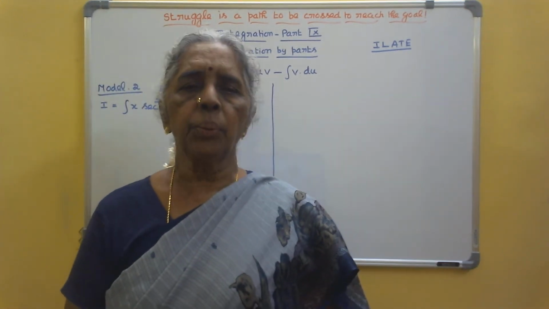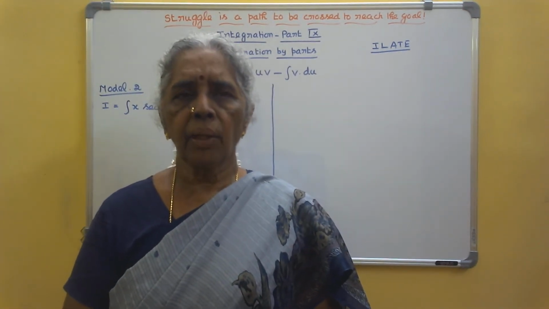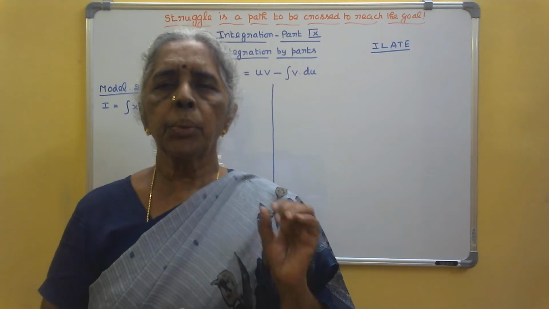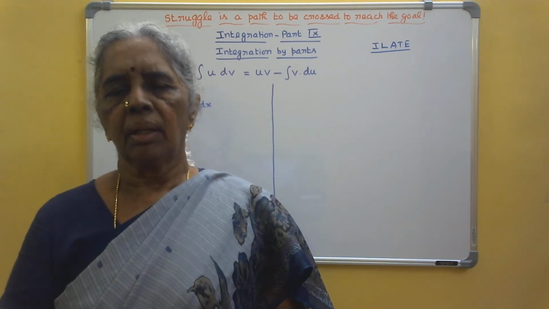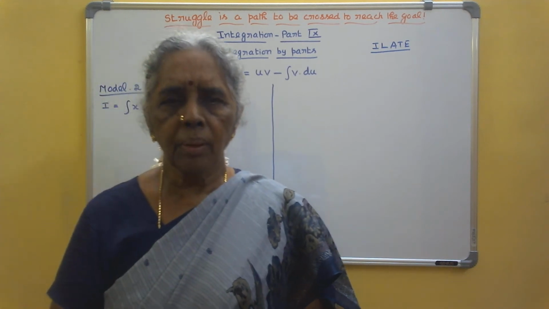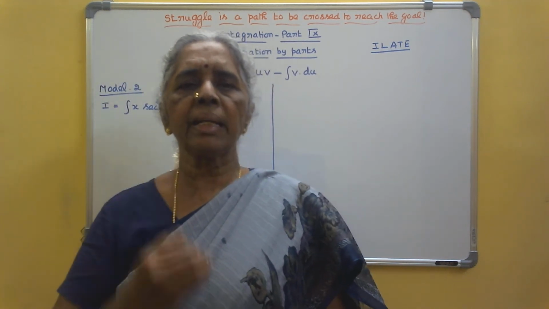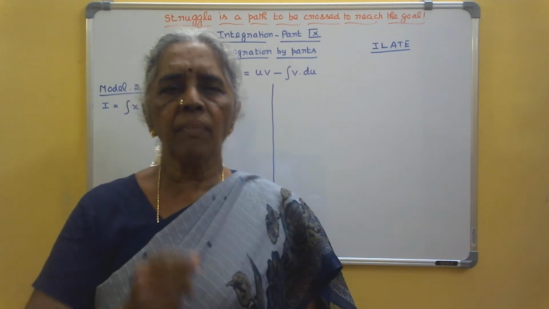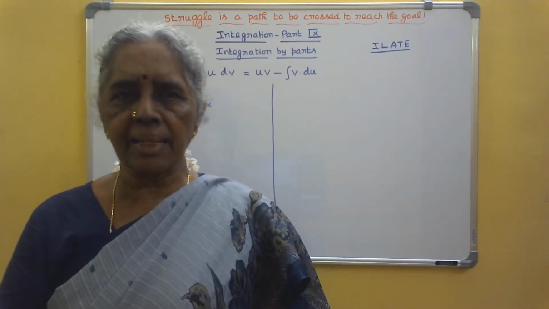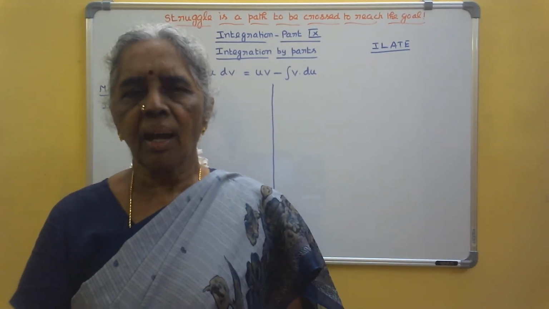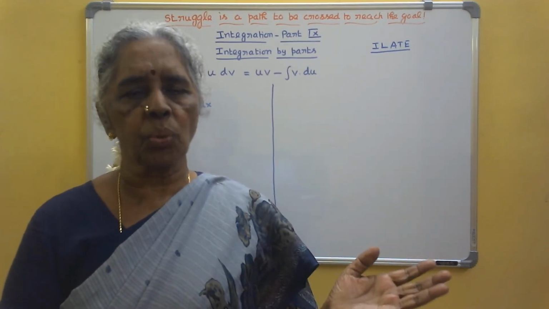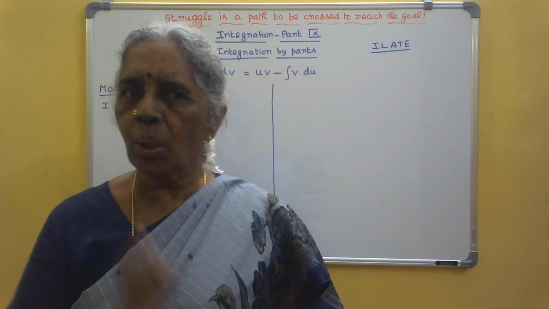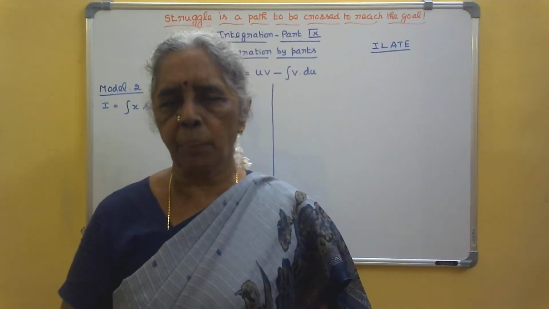In model 2, you will be getting a product of two different functions in the integral. So, you should know which function you have to take as u function and which other function along with dx you have to take as dv. Otherwise, you cannot proceed. You cannot just like that take any function as u and any function as dv. That won't work out. You won't be able to integrate properly.